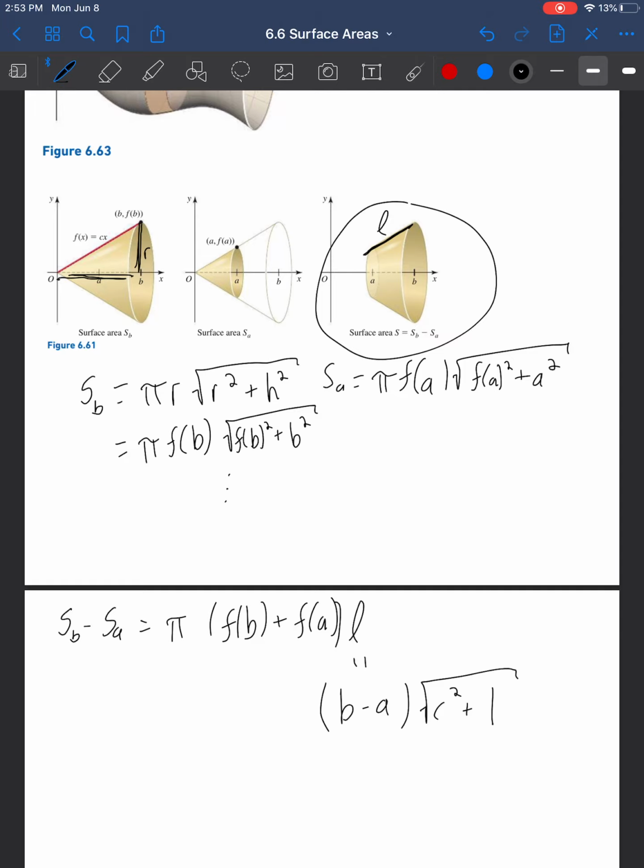Okay, so the nice thing, though, is that in the previous section we talked about how to calculate lengths of curves.